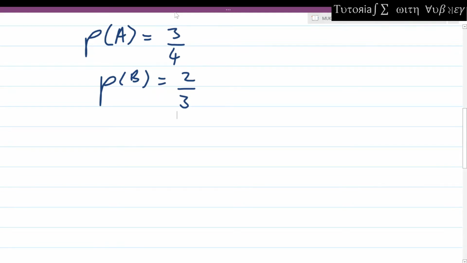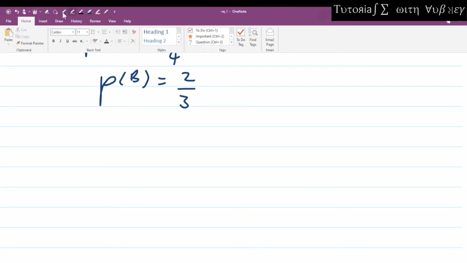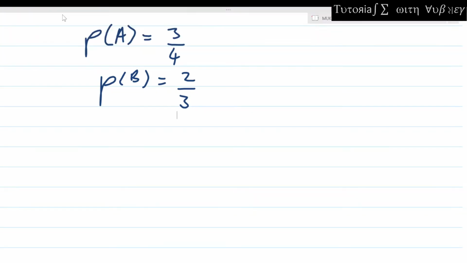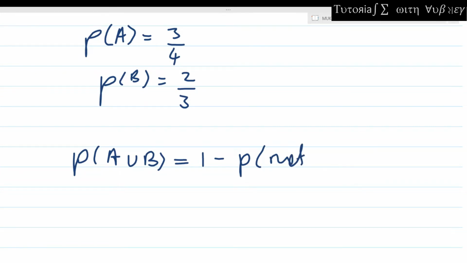And now we are looking for the probability of A or B hitting the shot, which we've said is 1 minus probability of not hitting the shot.